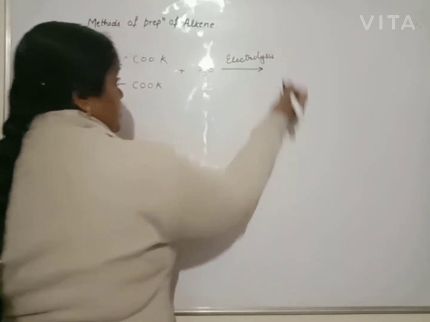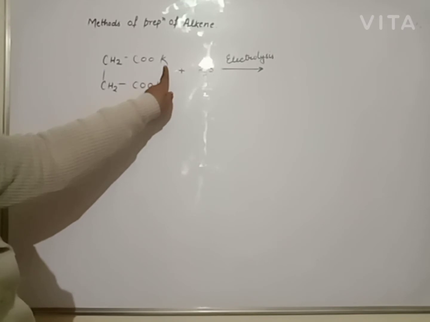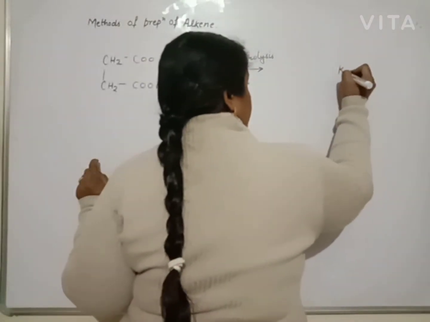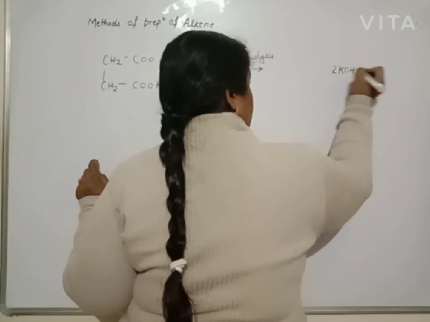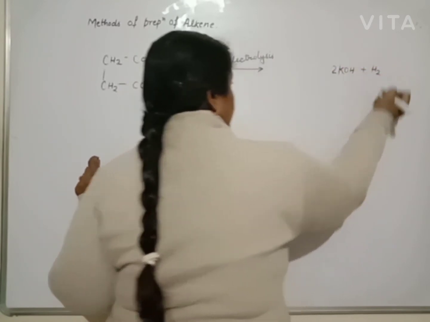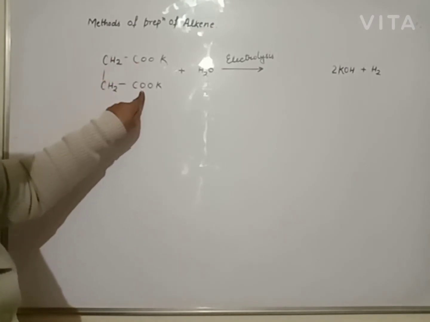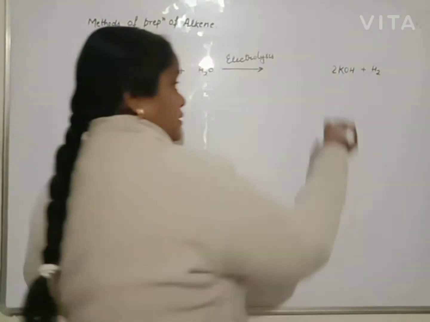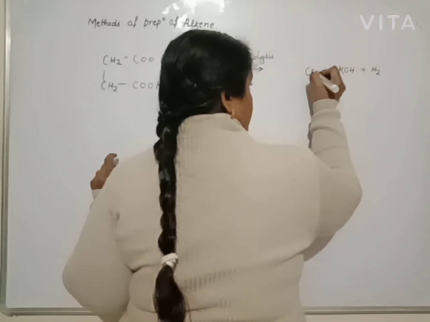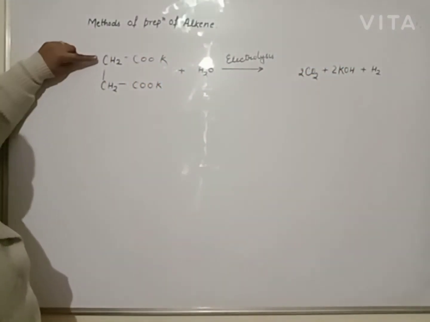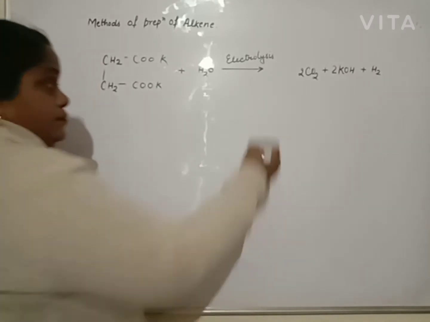On electrolysis, beta, this potassium reacts with water to give KOH, hydrogen gas, and then these two carbon dioxide will be released. 2 moles of carbon dioxide will be released. Remaining is CH2, CH2.